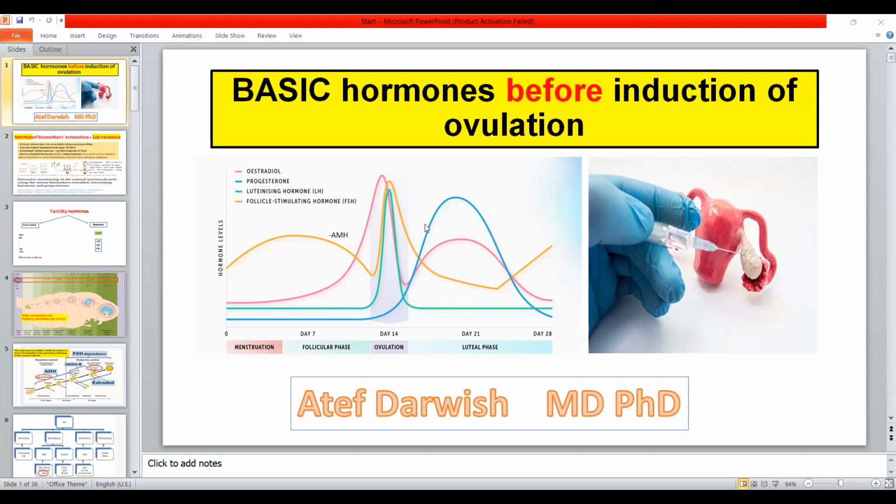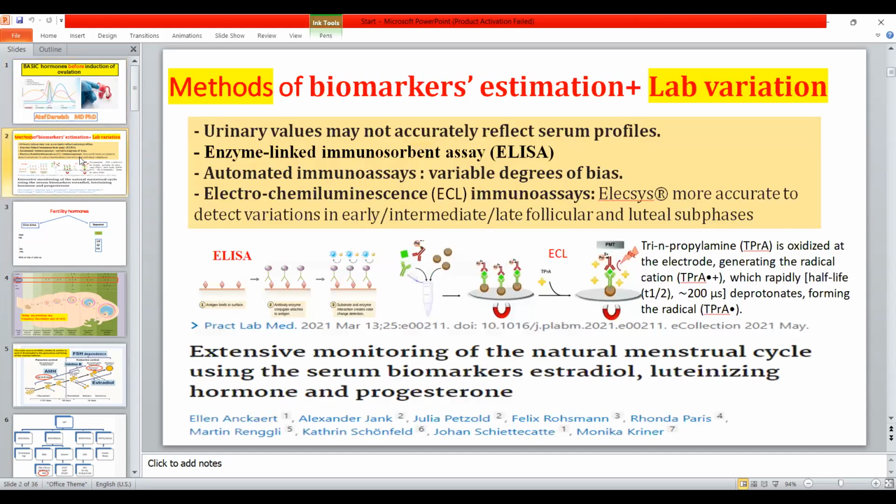of ovulation. I would like to address the first point: if you have a hormonal request, you should know the method of estimation of the hormones in this particular lab. Is it done by ELISA, automated immune assay, ECL immune assay, or even urinary values for some hormones like LH?